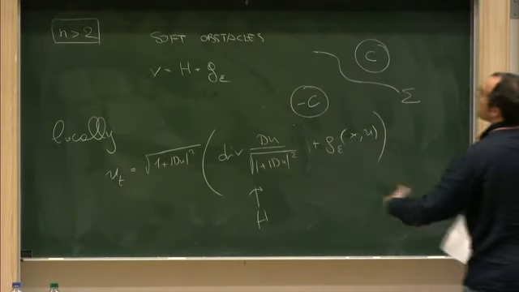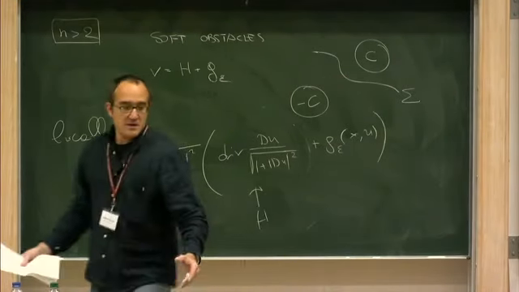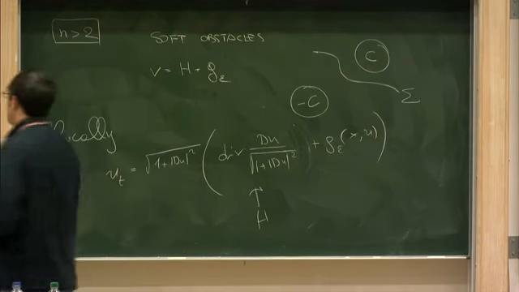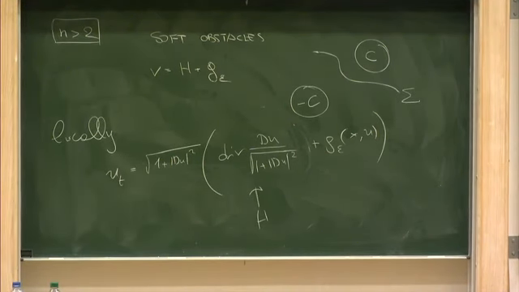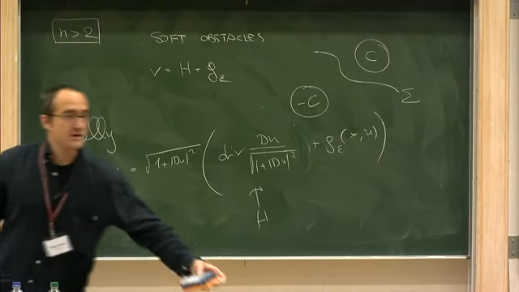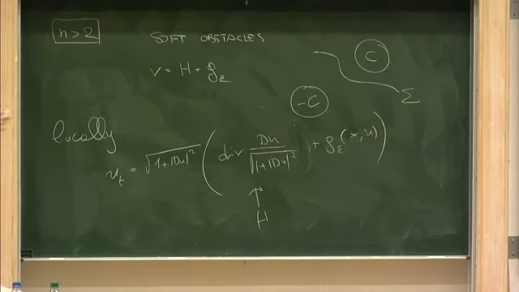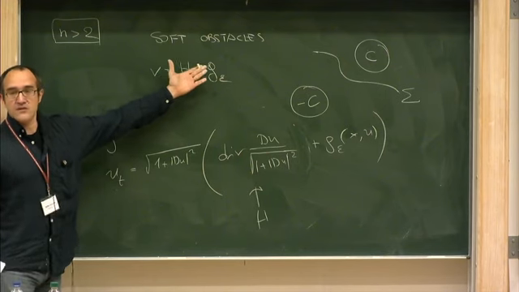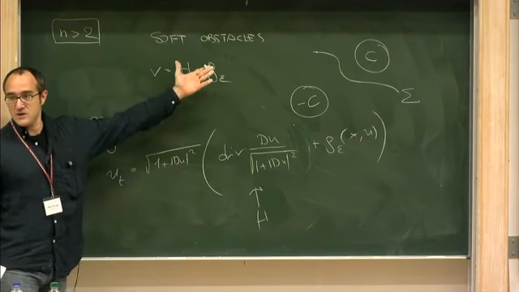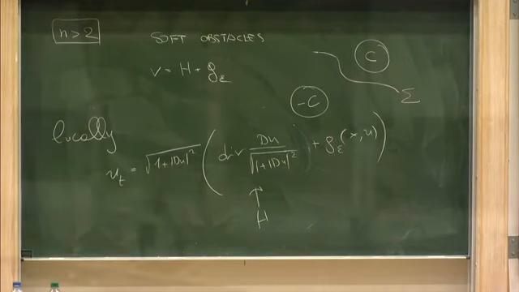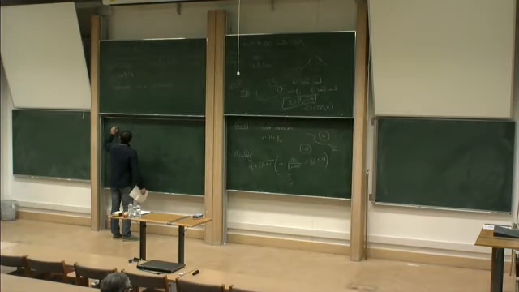And here you can do the usual estimates, which are typically based on the comparison principle, because it's second order. This is a local formulation of this one. And here you can get a bound on the gradient.